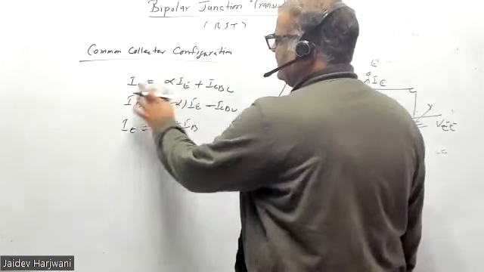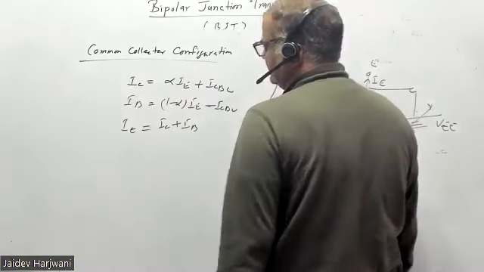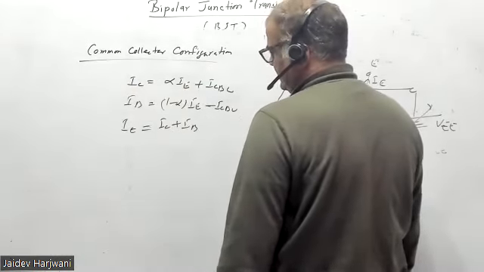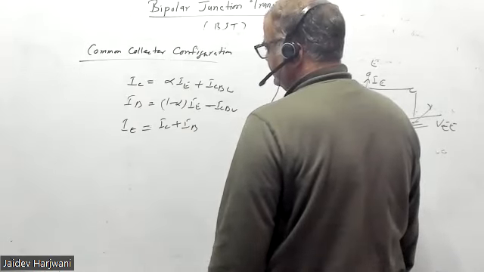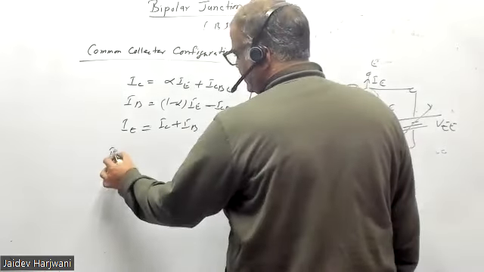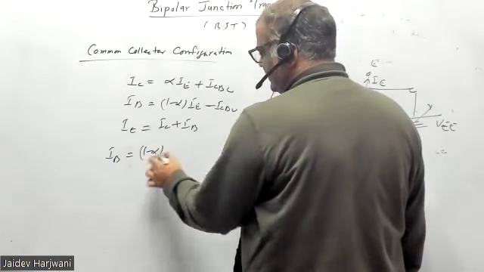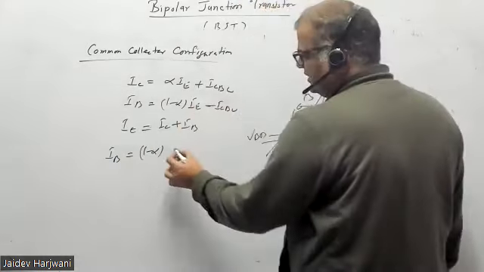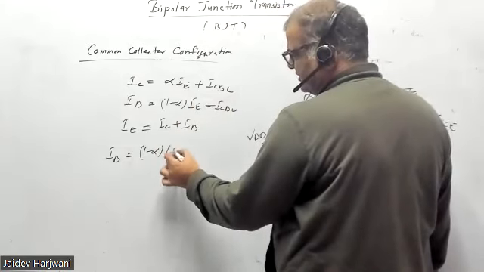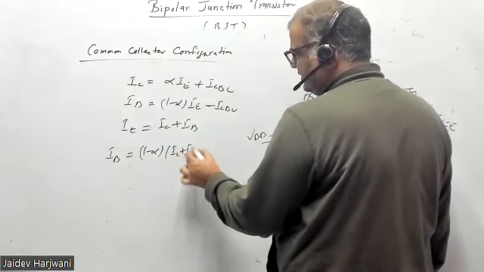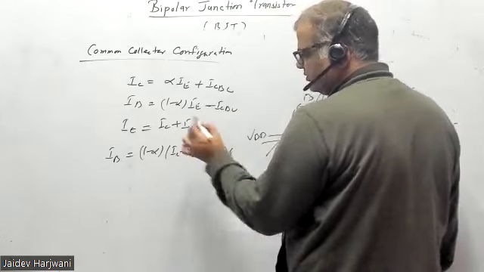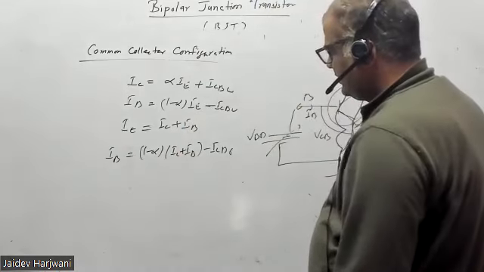This is IC. So I can use this equation: IB, (1 minus alpha) IE, I can write as IC plus IB minus ICBO.